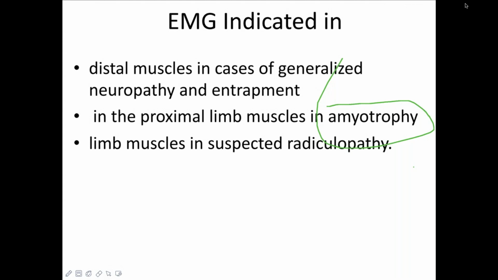If there is, let's say, entrapment, then in distal muscles the EMG will tell you. And finally, limb muscles and radiculopathy. Radiculopathy is again nerves and not muscles. EMG gives you an idea of whether it is muscle.